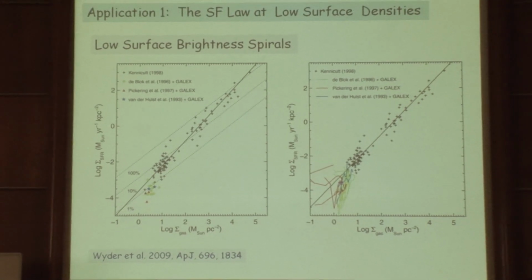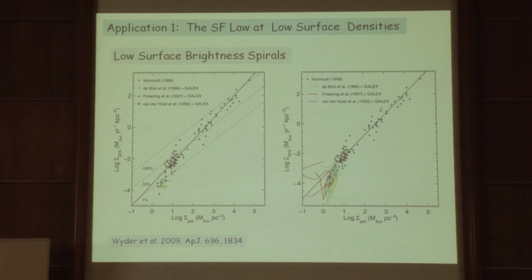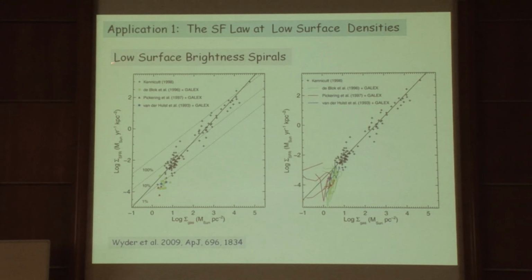And what they did is they used the combination of 21 centimeter mapping and Galax light luminosity profiles for a large set of these Malin-1 type low surface brightness spirals to ask the question of whether the global Schmidt law, that some people call the Schmidt-Kennicutt law, finally has a turnover at low density.